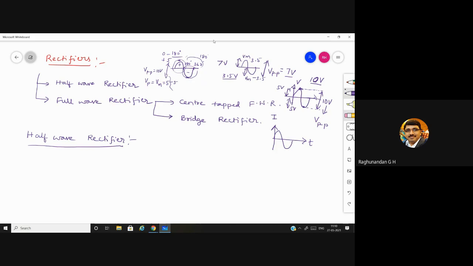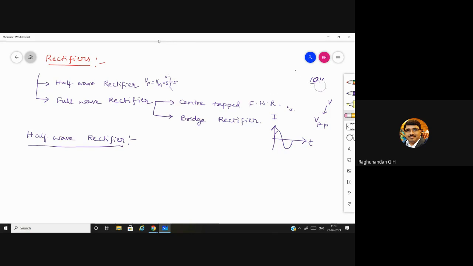Okay. Now, these are the basic things which you should know, and you should know the difference between peak voltage and peak to peak voltage. So now coming to the half wave rectifier, this is known as half wave rectifier because it is just going to work on half of the cycle.